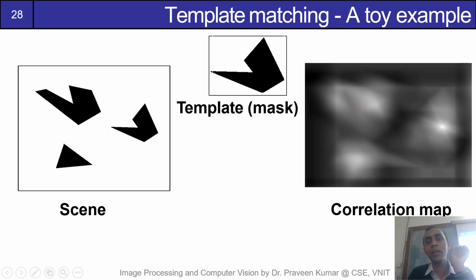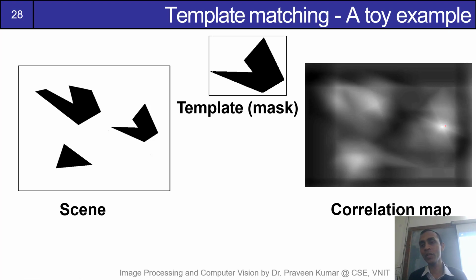And if you plot the score values as intensity, the higher score will be white and the low score will be black. So you can see wherever this template tends to match the original locations, the score is a little towards the higher side, and the peak, the maximum score, is when it is exactly matching.